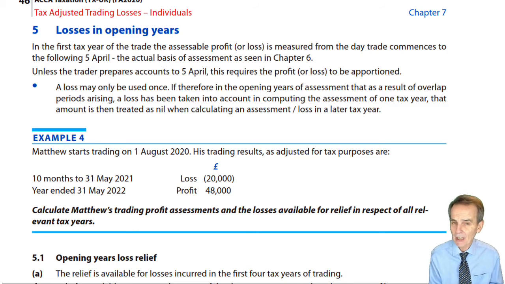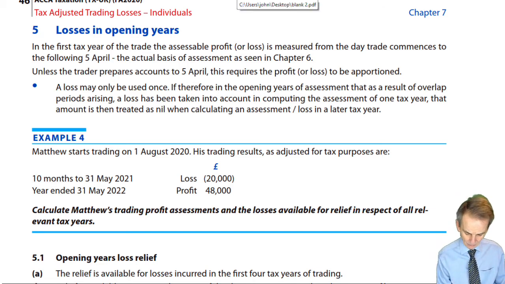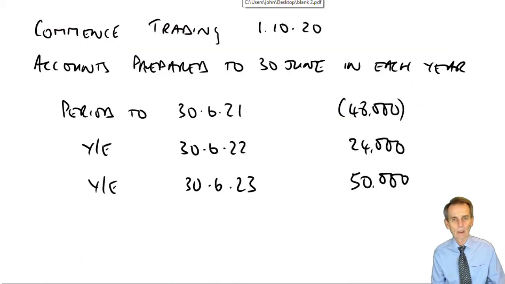We cannot have that same loss over again just because that same loss-making period happens to fall in the next tax year's basis period as well. So we get it once, and that is all. You still need to know your bases of assessment, so let us have a little go at an example.